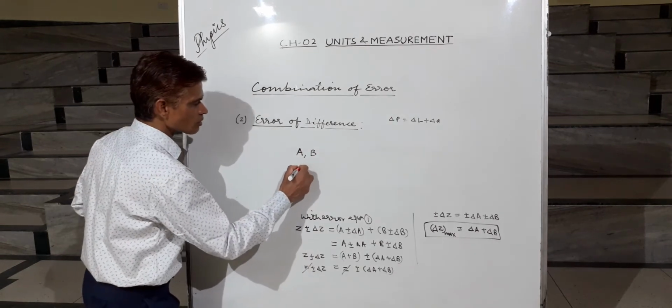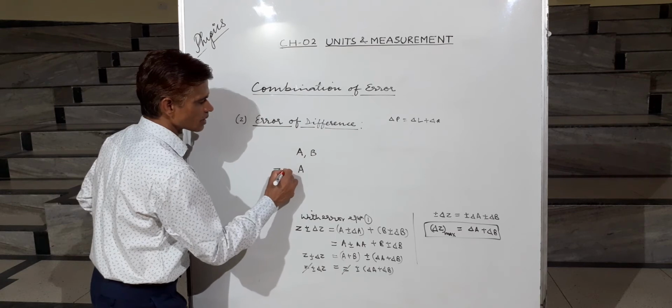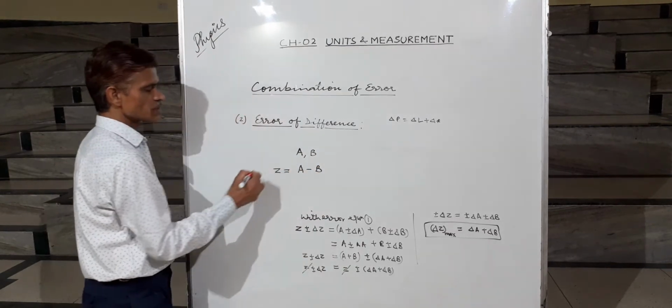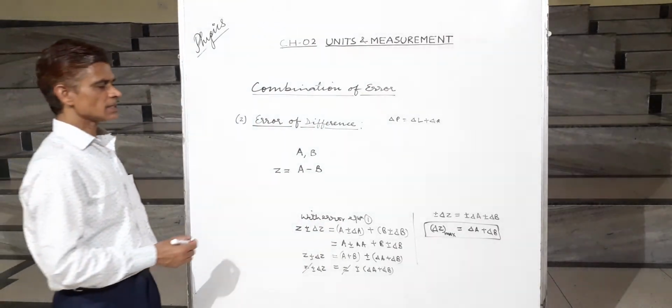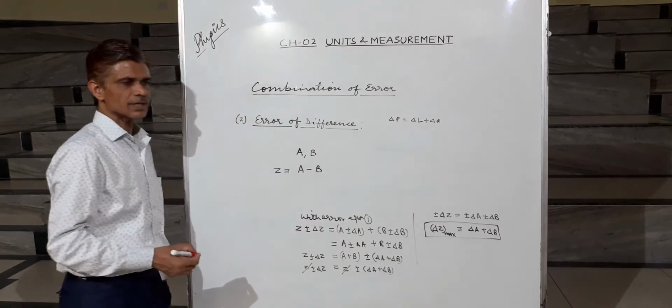But these two physical quantities are dependent on a third physical quantity Z in the form of difference. That is, this physical quantity Z is equal to the difference of the two physical quantities A and B.